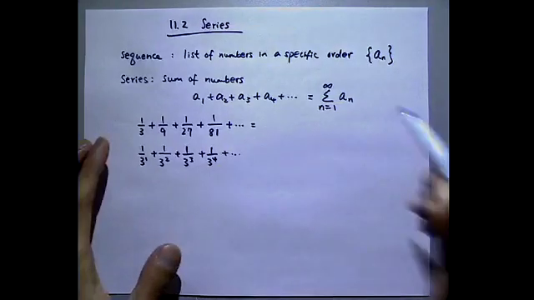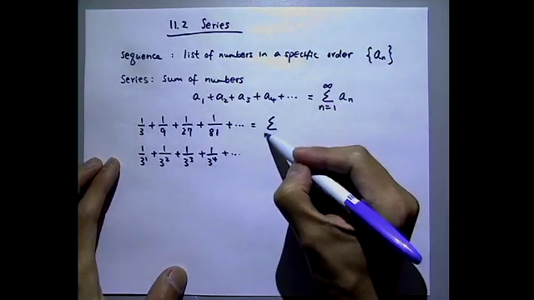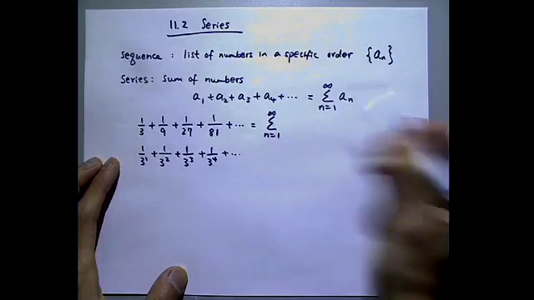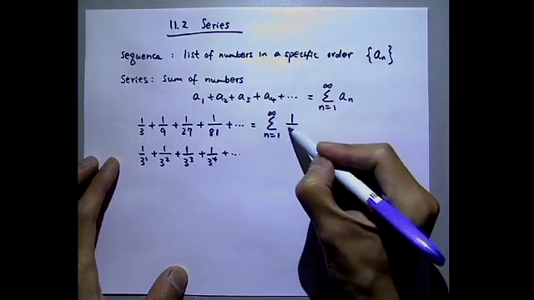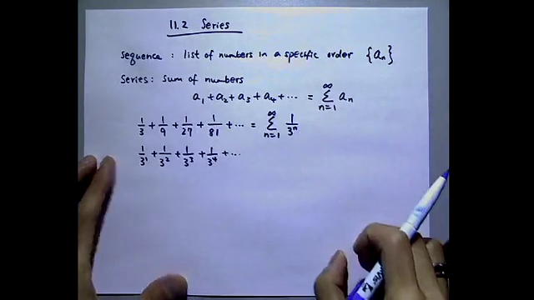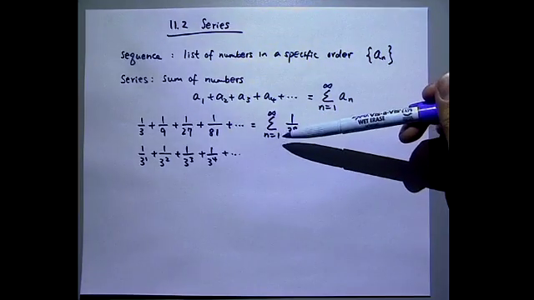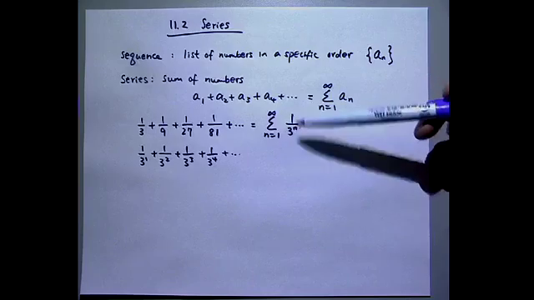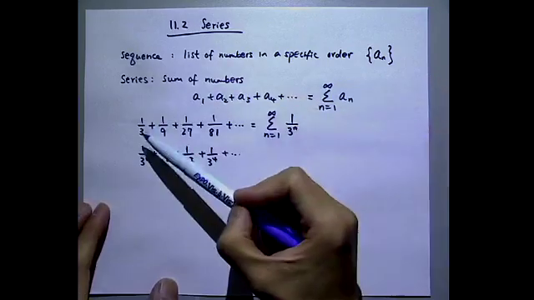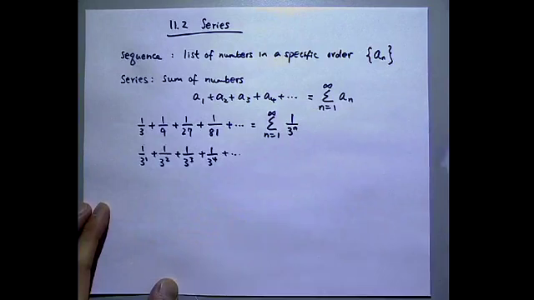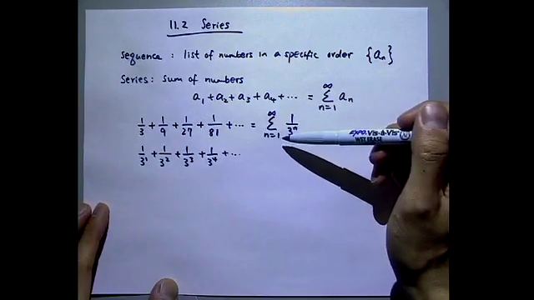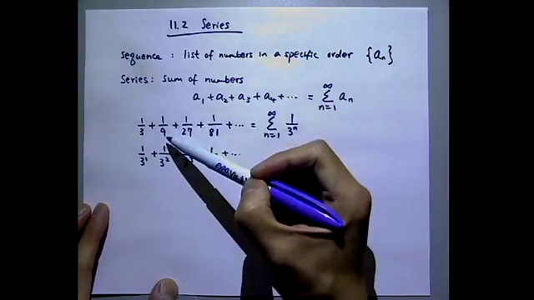So in summation notation, we would write it this way. Okay? So I start adding at n equal to 1. And when n is equal to 1, I get 1 over 3 to the first, and that's this one right here. Then I add, when n is equal to 2, 1 over 3 squared. That's 1 over 9.